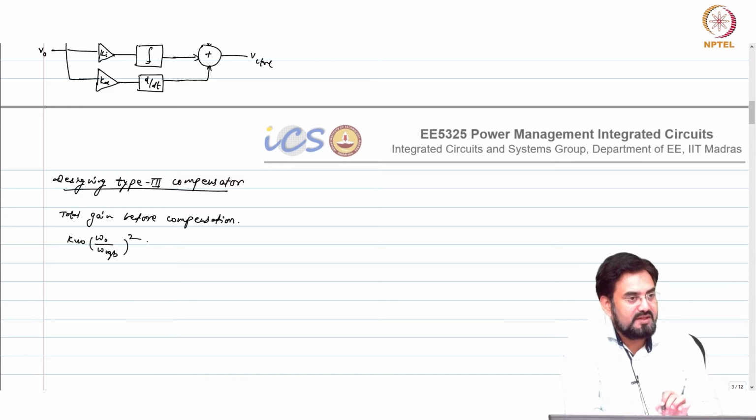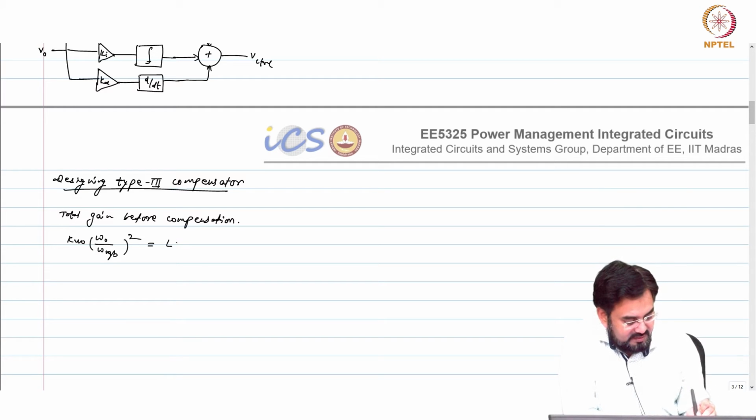This is the total gain, okay? All right. Here, LG0 uncompensated.